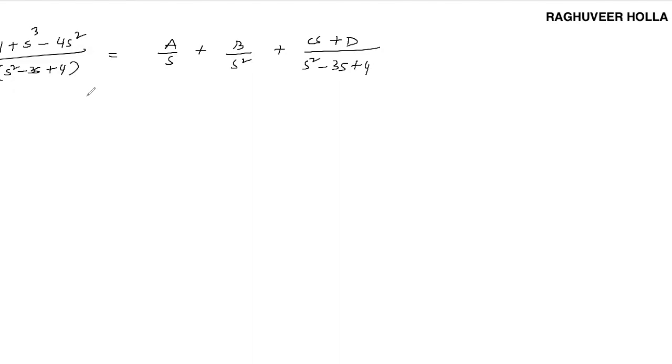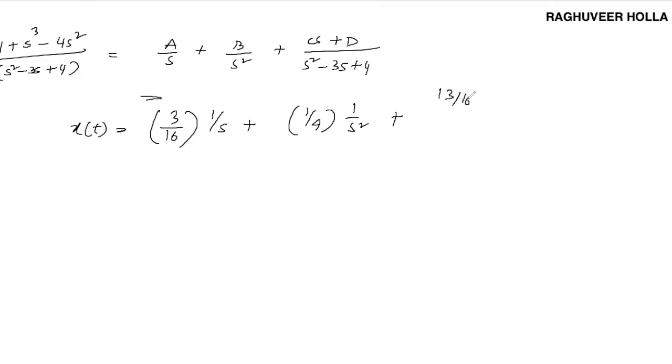After solving it, we get L of x(t) as 3 by 16 into 1 by s, plus 1 by 4 into 1 by s square, plus 13 by 16 into s minus 29 by 16 divided by s square minus 3s plus 4.